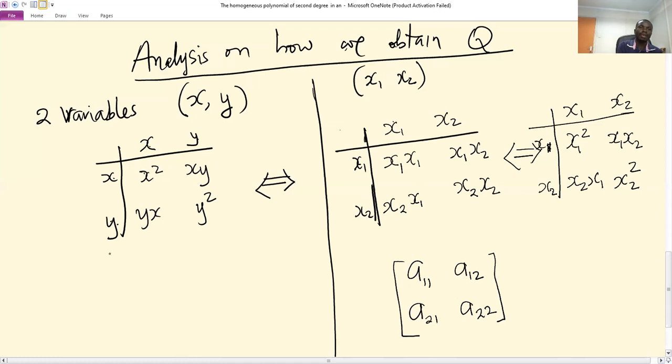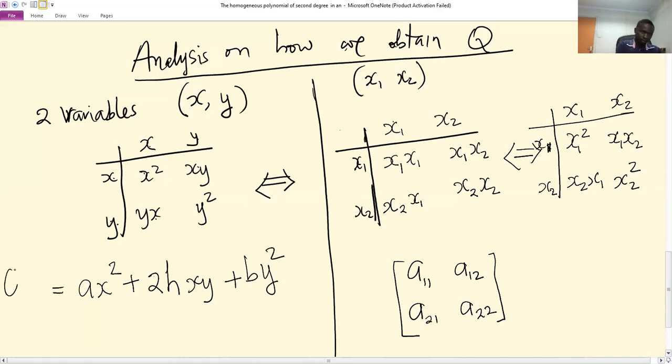So we have ax squared, and then plus 2 times a scalar h xy, because these two are just the same thing, and then plus b y squared.